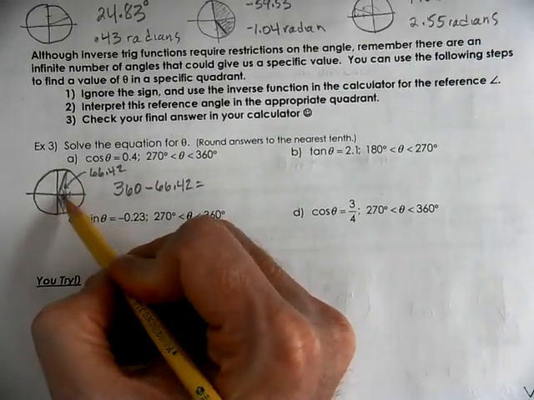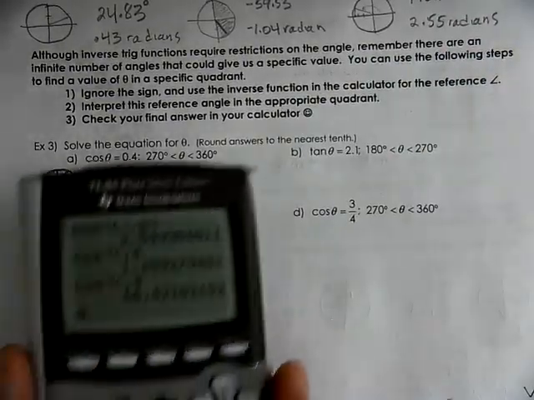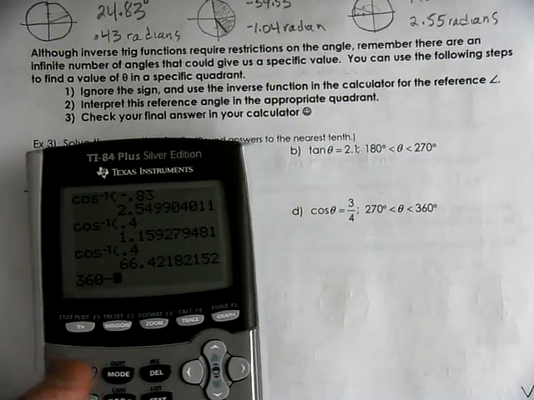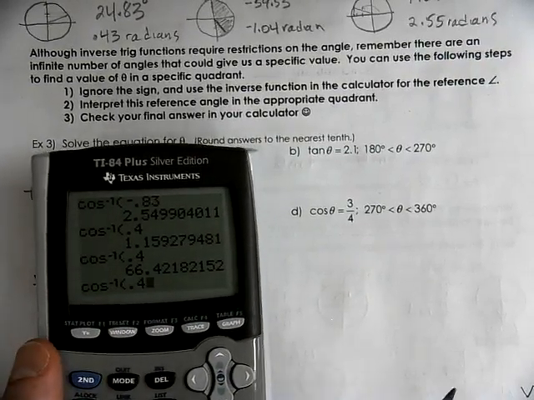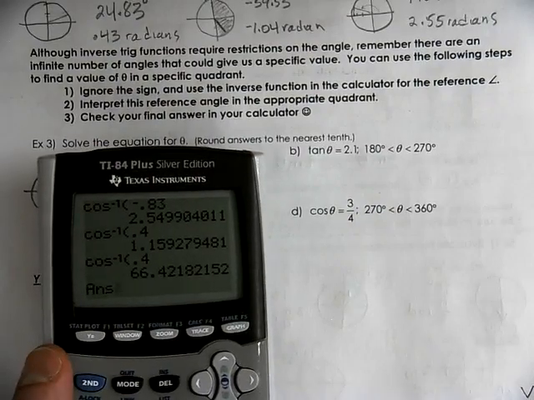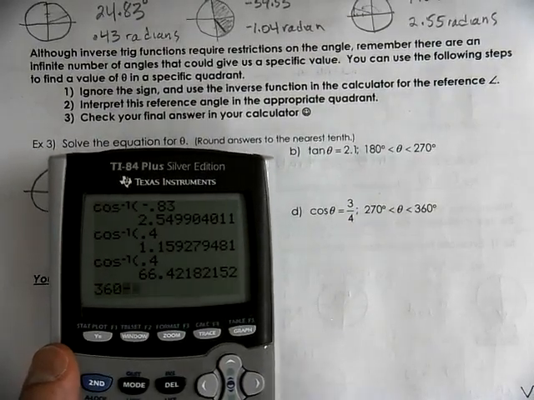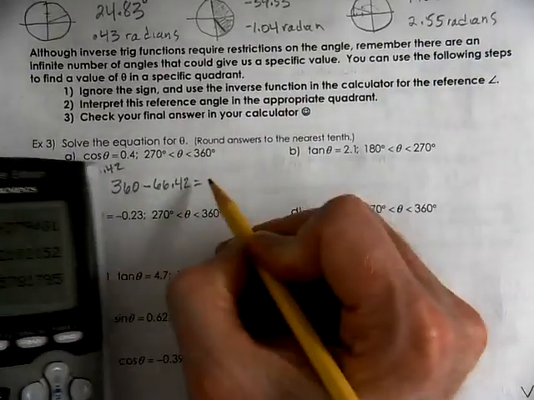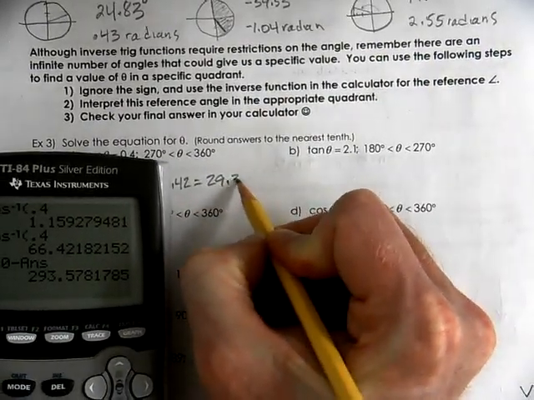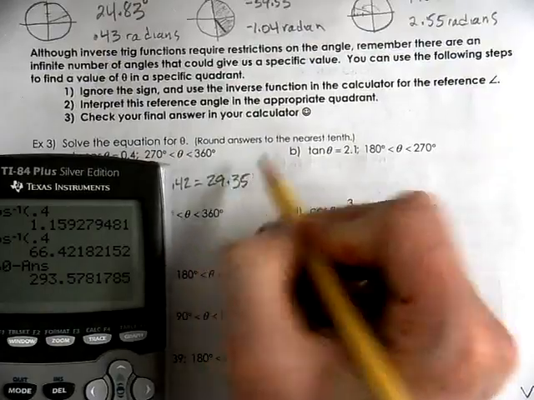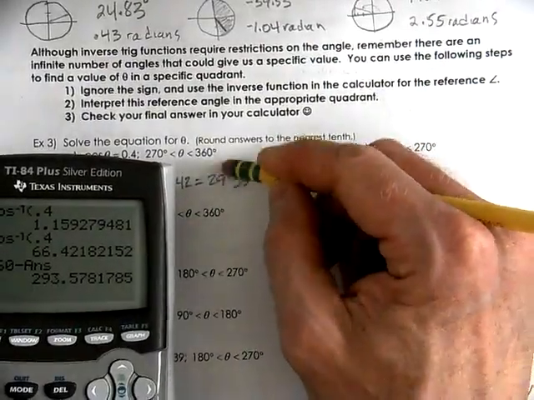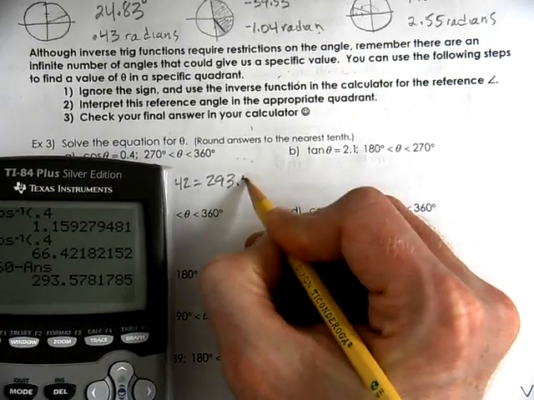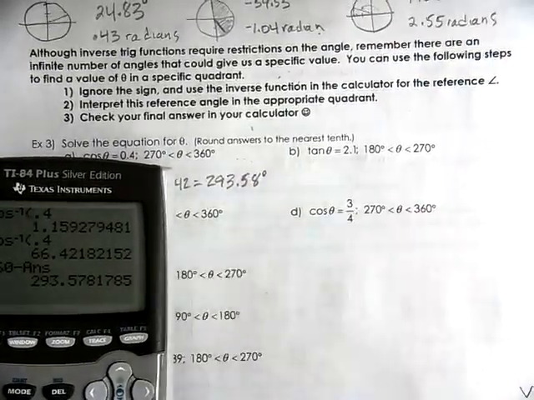Because this triangle and that triangle are identical, congruent. So 360 minus the previous answer gives us 293.5 degrees.